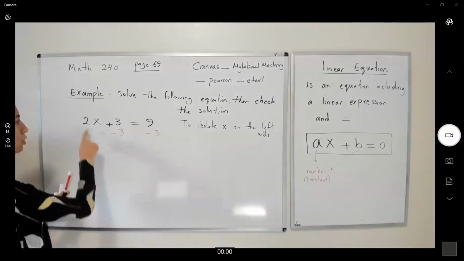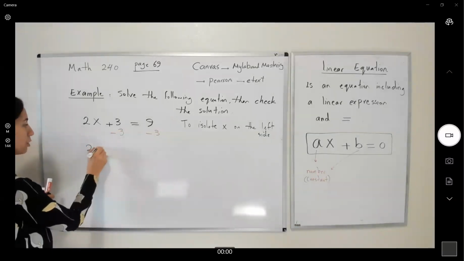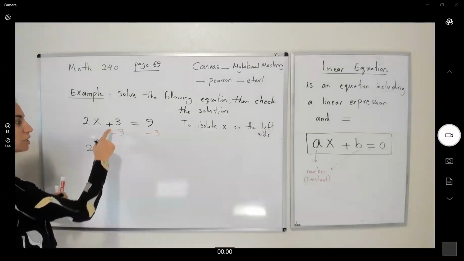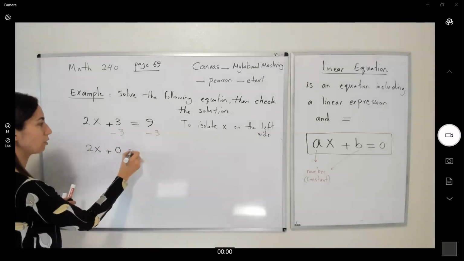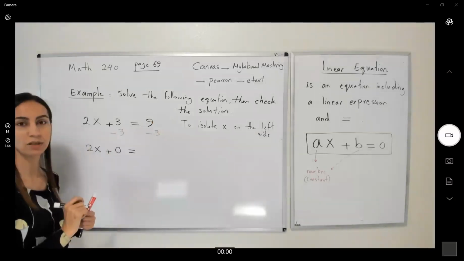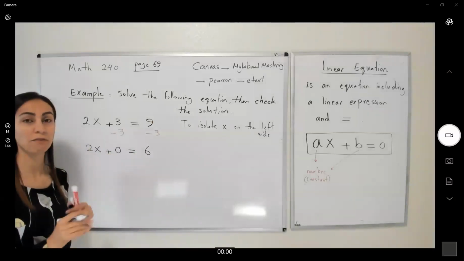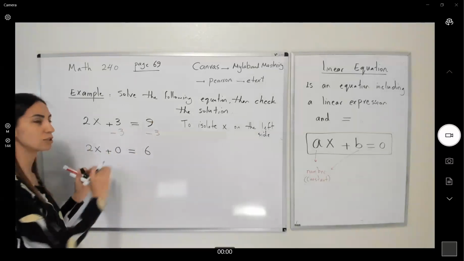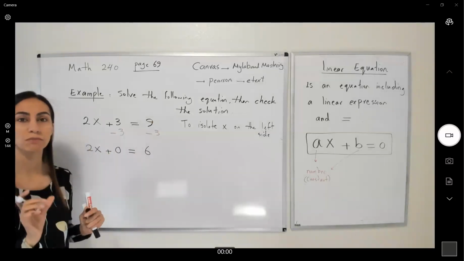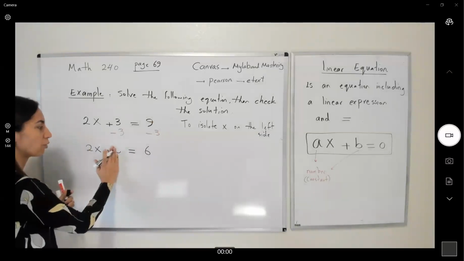Very well. So you have 2x. Copying down my 2x plus 3 minus 3 is going to be 0 equals 9 minus 3, which is equal to 6. Remember that when you have 0 in an equation next to a linear term, a number, a variable, you can just ignore 0.